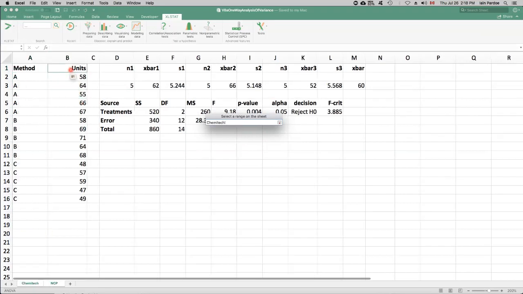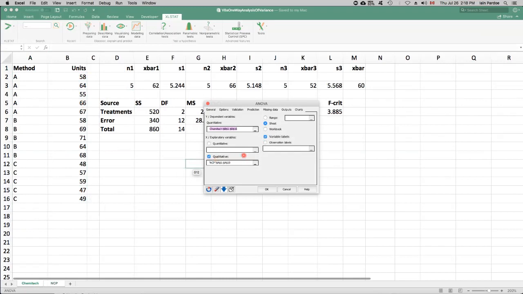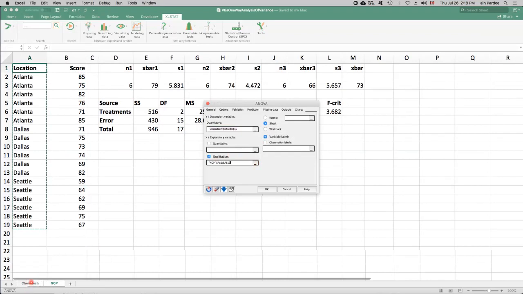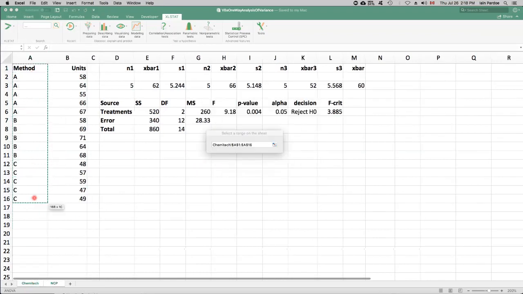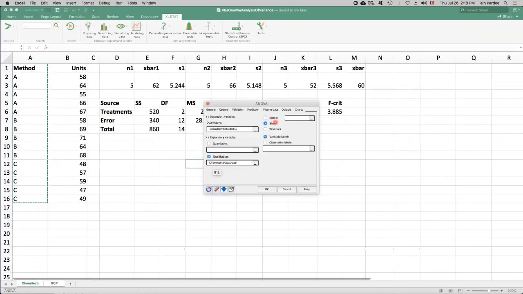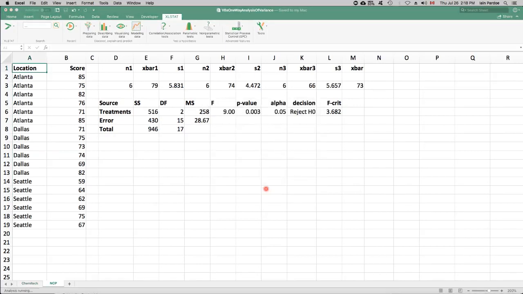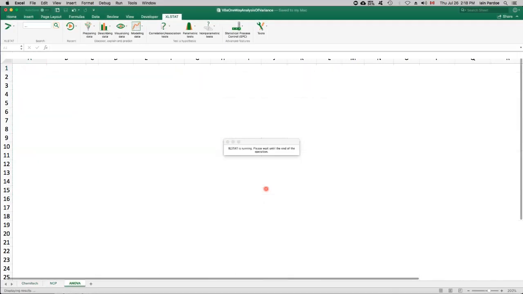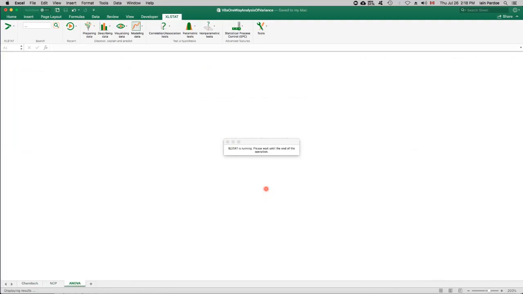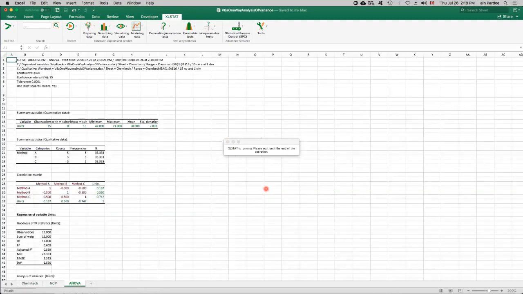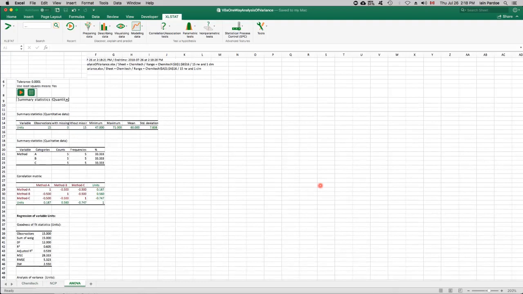Okay, there we go. Units is our dependent variable, y. Our qualitative variable is method. There we go, that makes a lot more sense. Okay, and then there's various options we could pick here, but I'll just leave everything at the default settings. We'll click OK, and we're going to get lots of output here, but the only thing that we're going to concentrate on is the analysis of variance table.